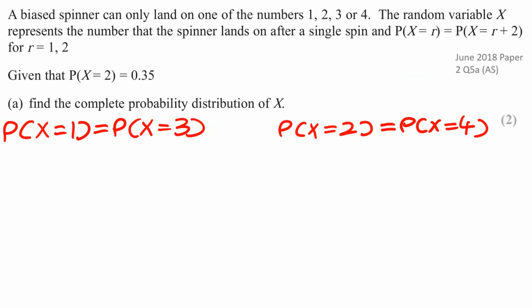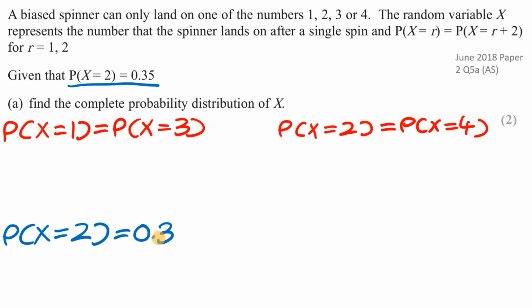Okay, so why is this useful to us? Because we know that the probability that X is equal to 2 is equal to 0.35. Now we know the probability that X is equal to 2 is equal to the probability that X is equal to 4. So the probability that X is equal to 4 is also going to be equal to 0.35.